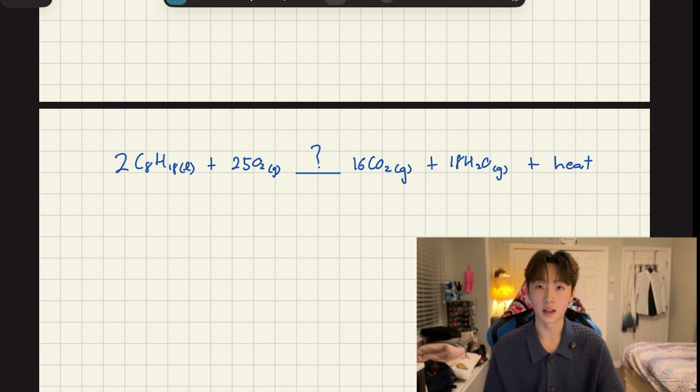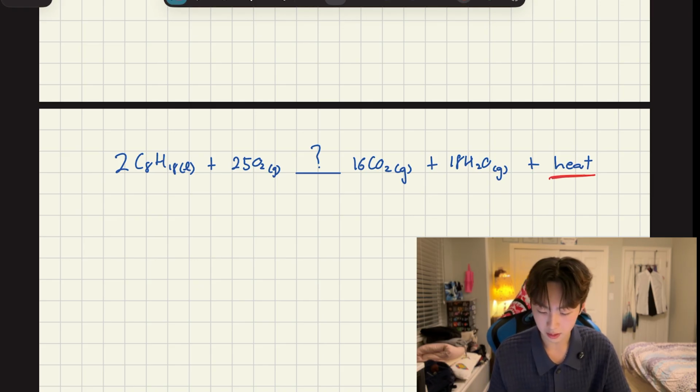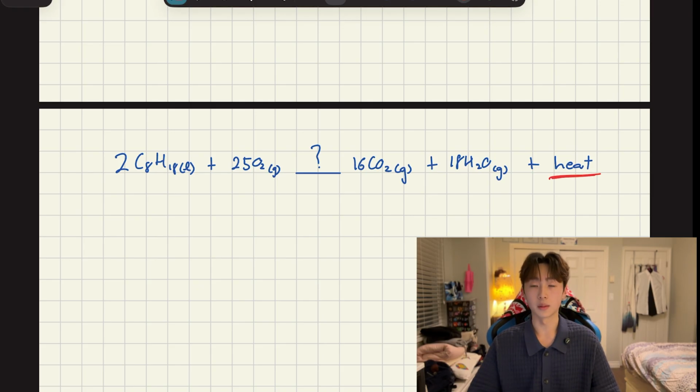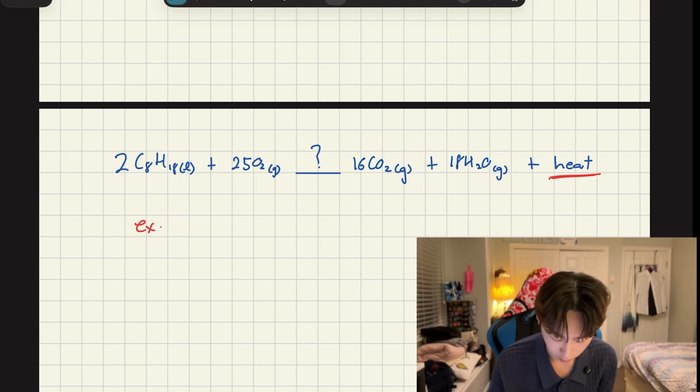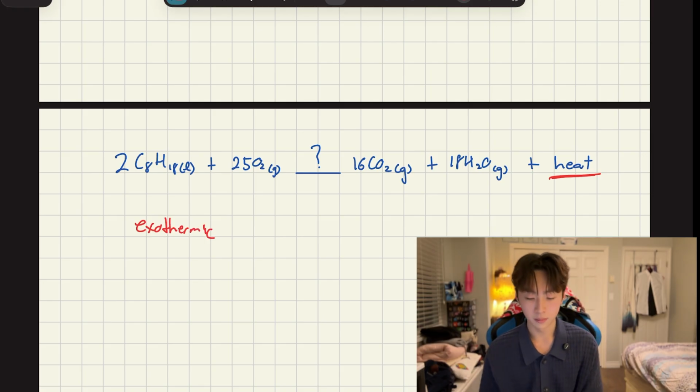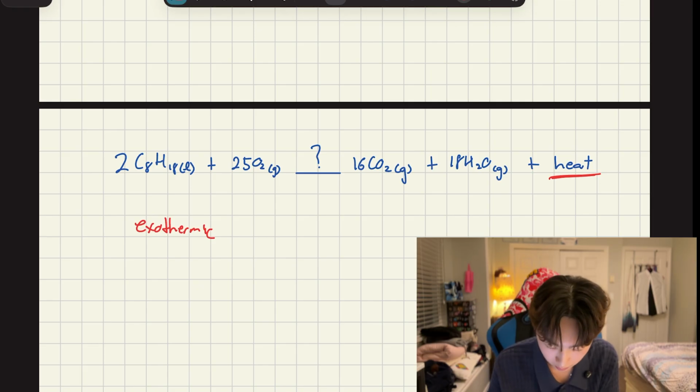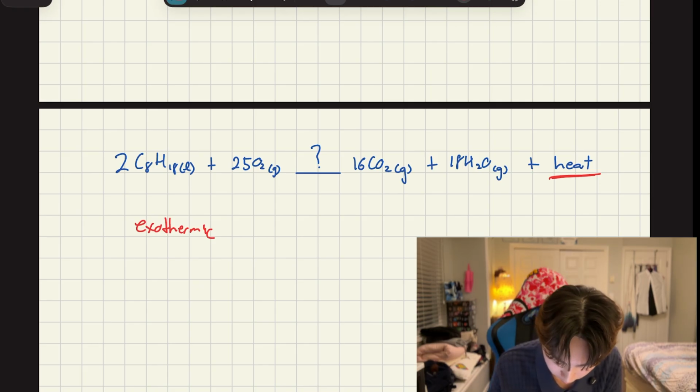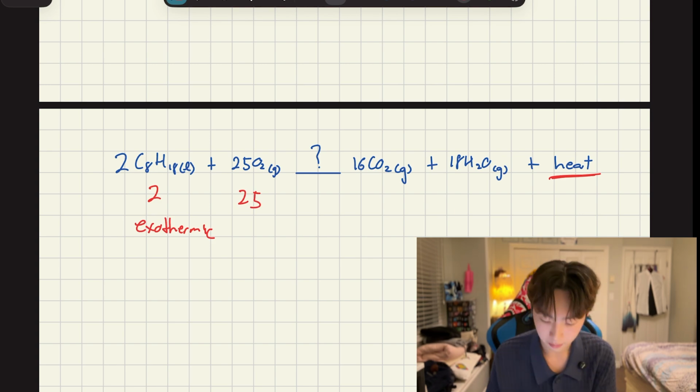So let's look at the enthalpy and the entropy. First, we see that the heat term is on the right side, so it's in the products, which means that this reaction is exothermic. Now let's look at entropy. So looking on the left side, looks like we have 2 moles of liquid and then 25 moles of gas.